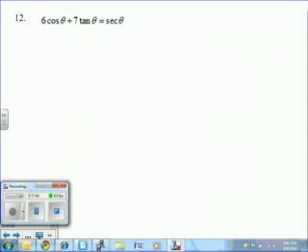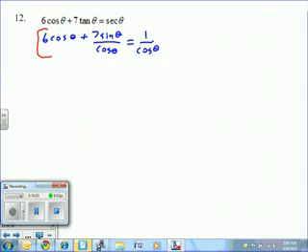Okay, number 12. What's the first thing you should have done here? Change everything in terms of sine and cosine. Okay, then what would you have done? Multiply by cosine.